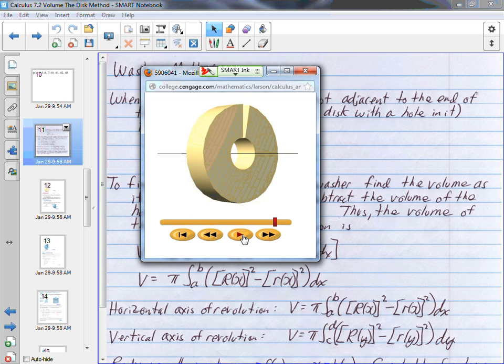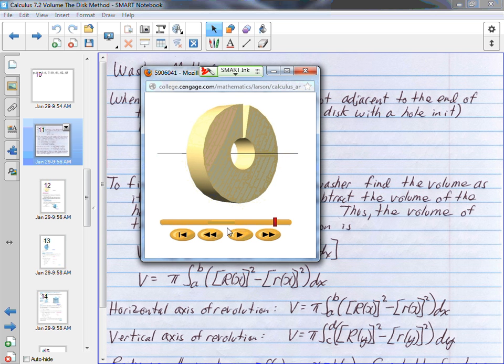The outer radius gives us the volume as if the whole thing were filled in, and then using the inner radius, we get the volume of the hole, and that's what we subtract out. Make sense? It's going to be a little more complicated, but it's the same basic idea.